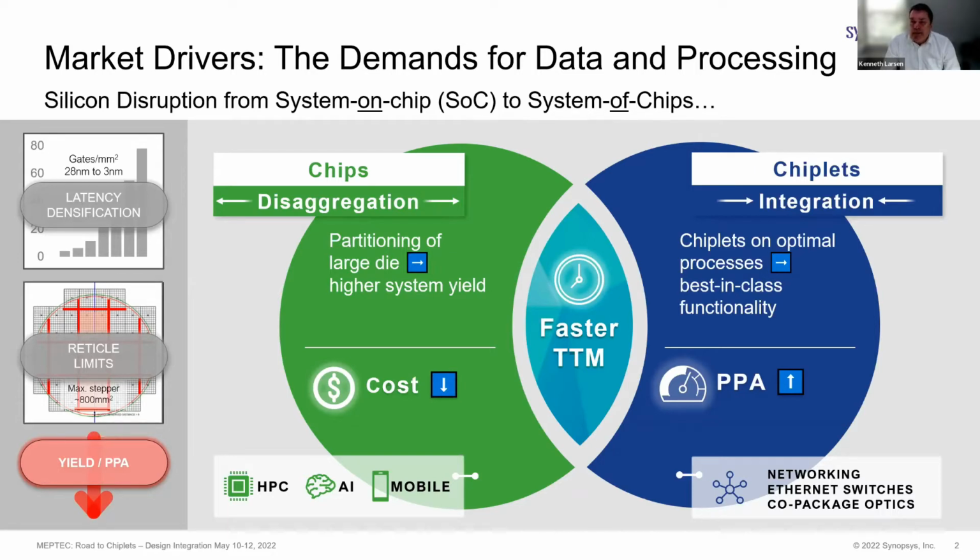And then on integration of many systems or chips into one system, for example, networking and co-packaged optics, some of the new trends where we are seeing further miniaturization of systems. We think it's a really disruptive silicon disruption, and we need to think about new solutions for this.